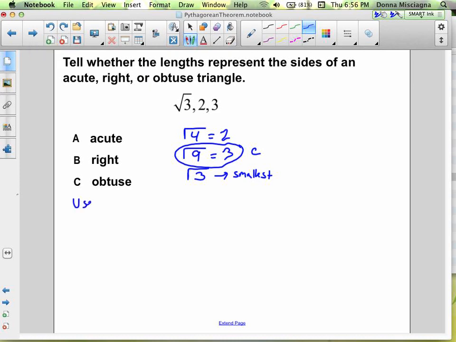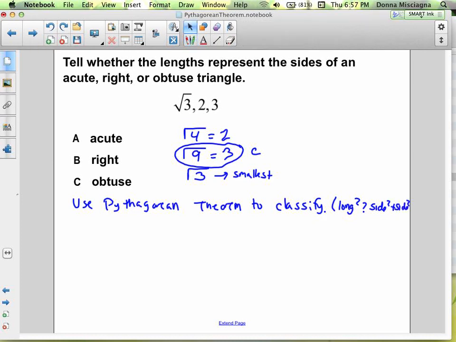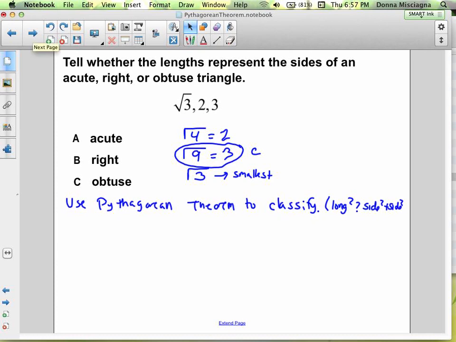All right, so we're just going to step 1 here. We're going to use Pythagorean theorem to classify. Long side squared, what's it going to be? Side squared plus side squared. Boy, just squeeze that in. Although I lost my parentheses.